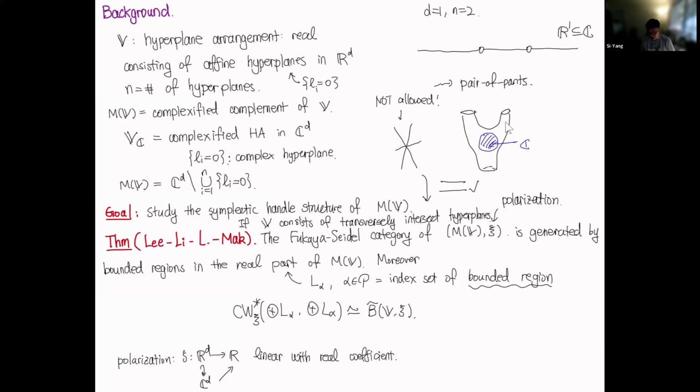And we require it to be in general position, which means the level sets of the Gaussian cannot be parallel to any of the hyperplanes.